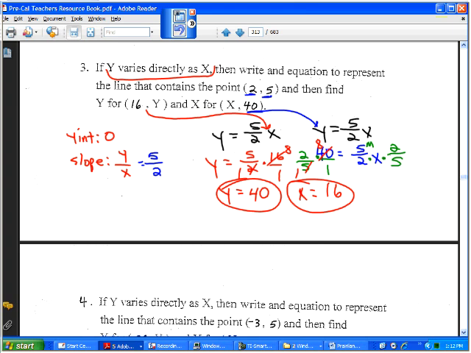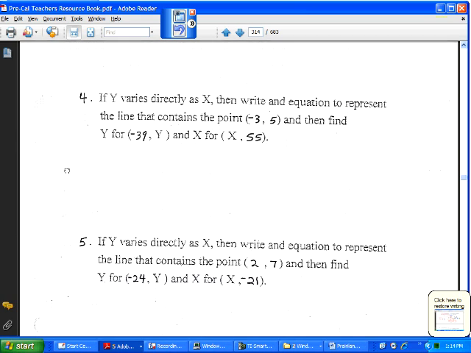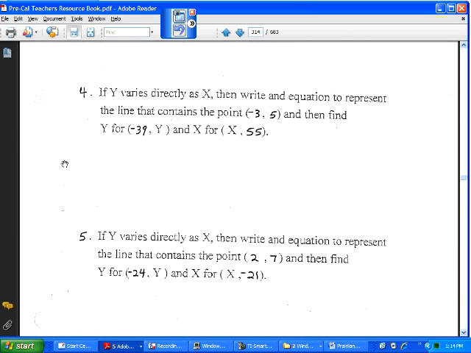They're changing a little bit. Question was, are they all like this? Which was what I was thinking. If they are, that's about enough, huh? Number 4. If y varies directly as x, then write an equation to represent the line that contains these points, and then find. Here's another one like it.